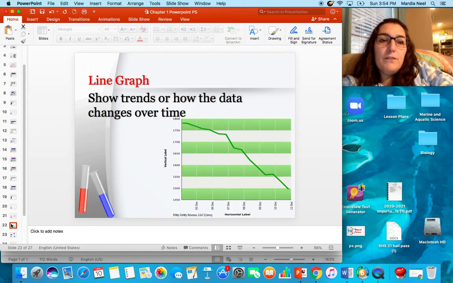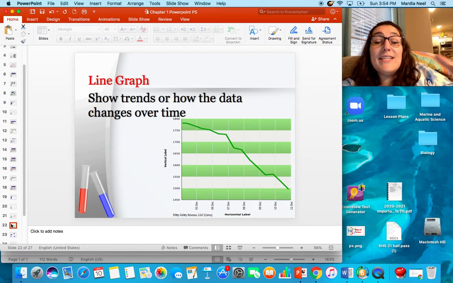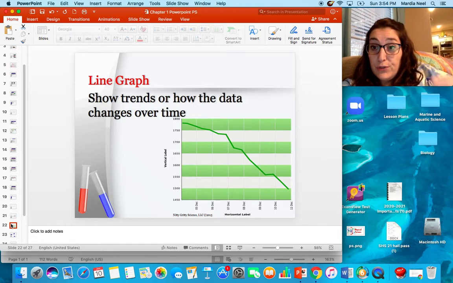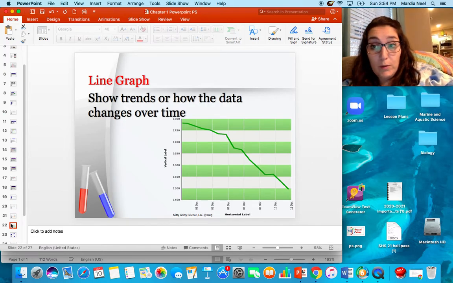So the first one we're going to focus on is a line graph. And a line graph is going to show us how the data changes over time. So like I said, day 1, day 2, day 3, day 4, even year 1, year 2, year 3, year 4. So over time, what happened to what we were looking at?